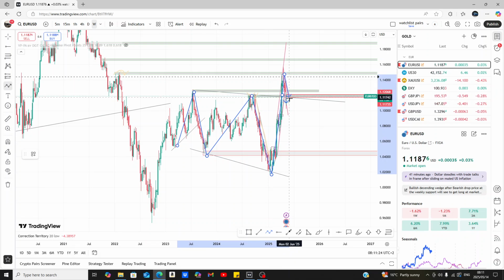So if price re-enters this channel, one of the two possibilities is that price could come down and test this structure here, giving us an inverse head and shoulders sort of setup, or it could come and complete the pattern, in which case this will be a very long swing trade.